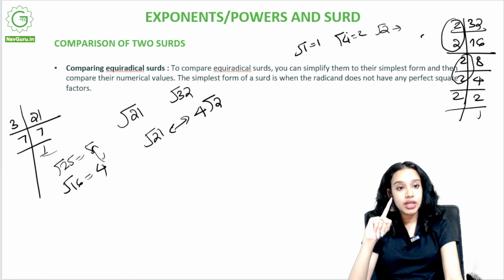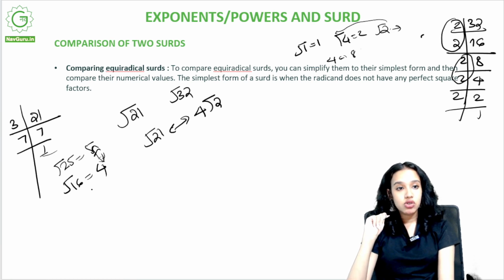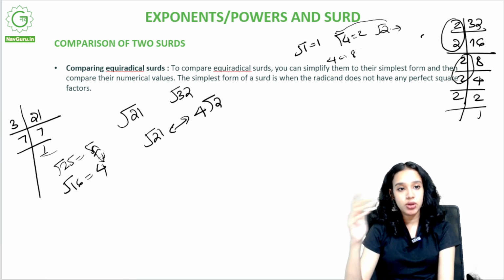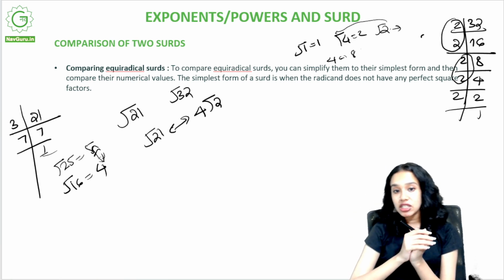And 4 root 2 would lie between 4 times 1 and 4 times 2, so between 4 and 8. This is a very complicated guess to make because 4 to 5 and 4 to 8 are basically the same interval. So there is another way to do it.